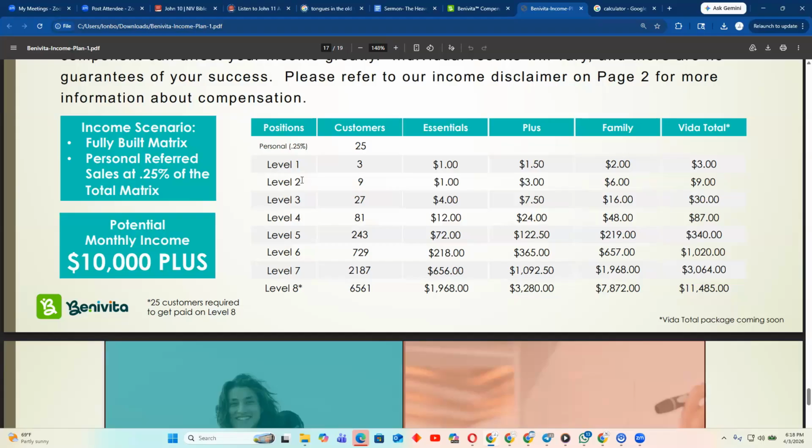Then you need another 3 customers to get paid through the third level. That means a total of 6 customers and you get paid on 27. Well, where do the other 27 come from? They're going to come from your team. So everybody that you sign up or that land under your matrix, or the people above you that are putting in people and they're falling in your matrix. So it's a team build scenario.